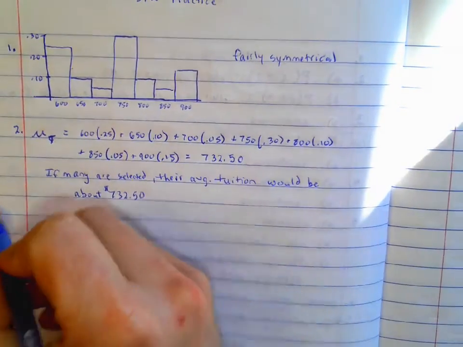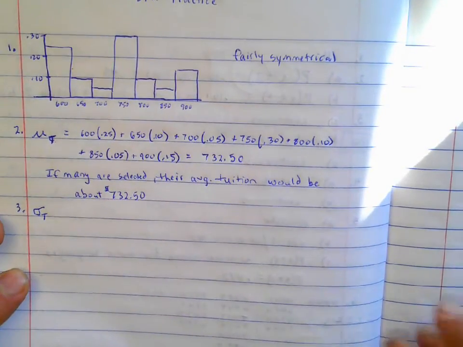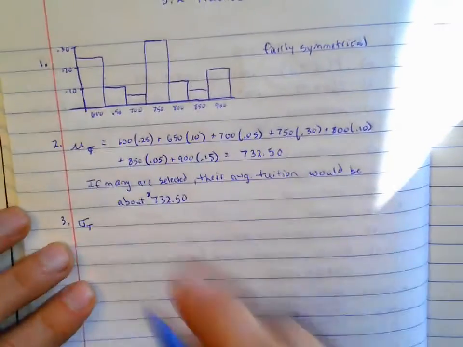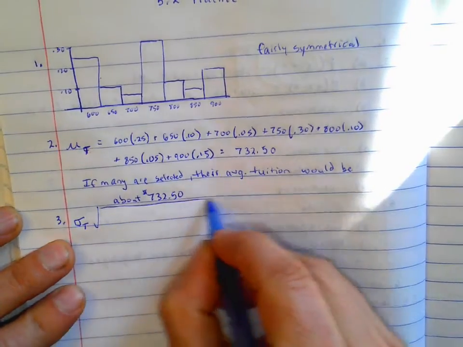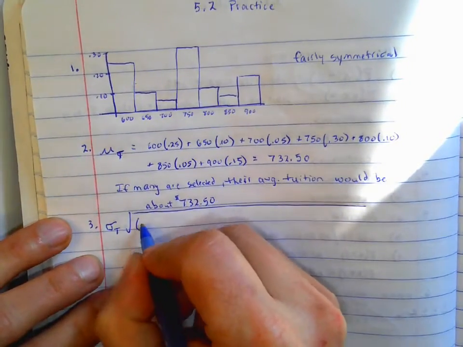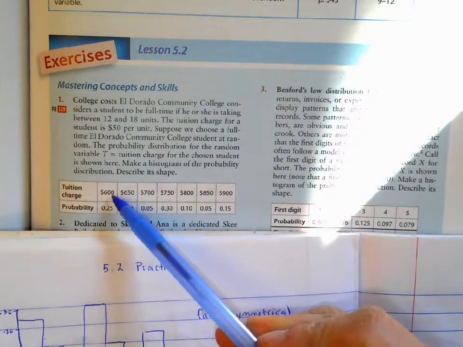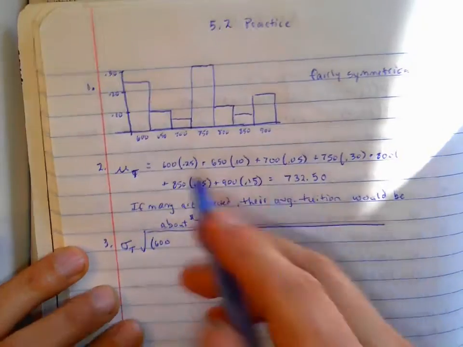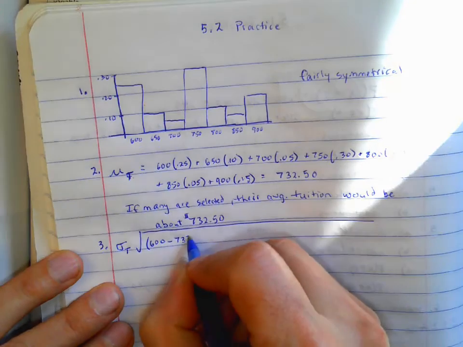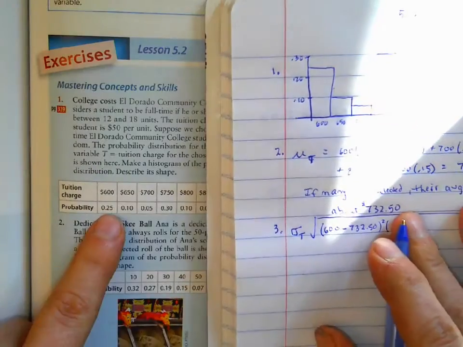Number 3 asks us to find the standard deviation of the tuition. So that means we have to take the square root of a bunch of numbers here, right? The first one was 600 minus the mean, squared, times the probability.